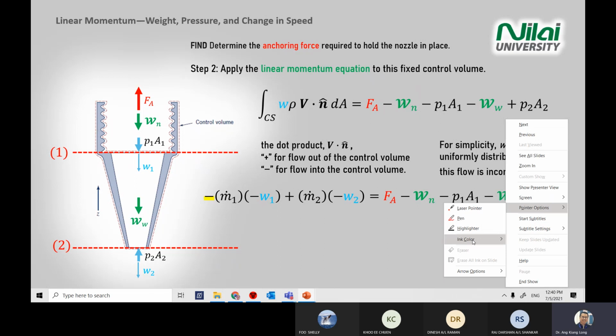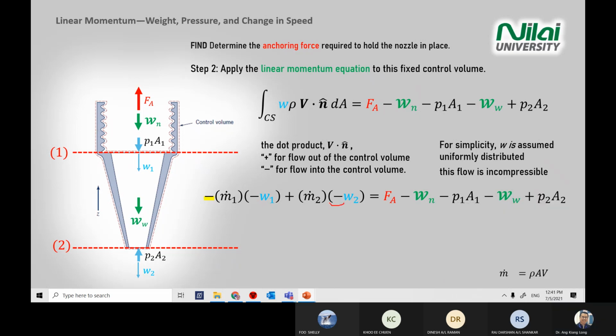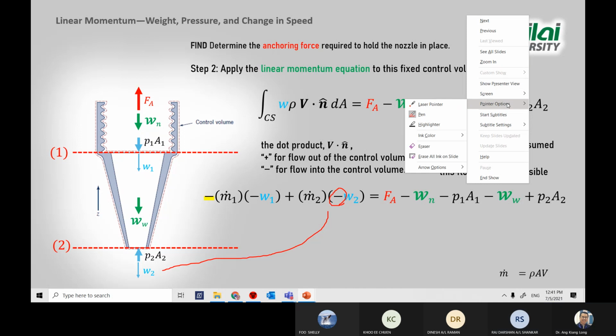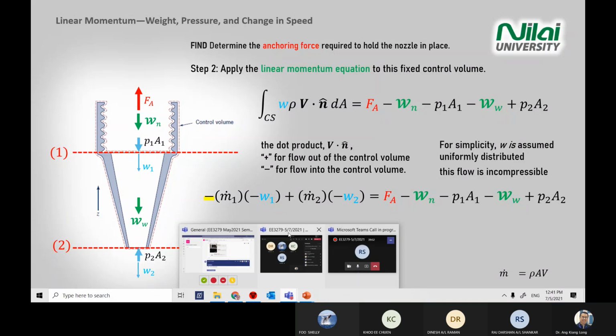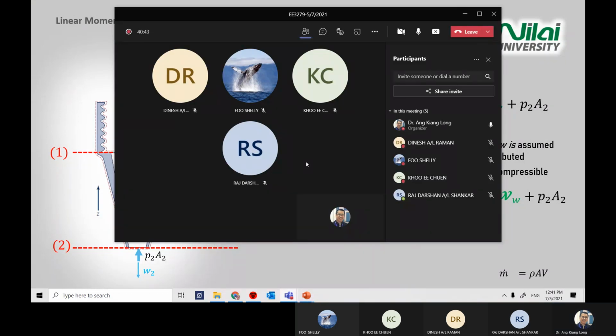You want to drag, I can drag, no problem. Explain why there's a negative sign. Sir, I think because the Z axis is going upwards, and then the W2 is going downwards. Okay, correct. Excellent. All right. Just checking. Are you still in the class? Yes.